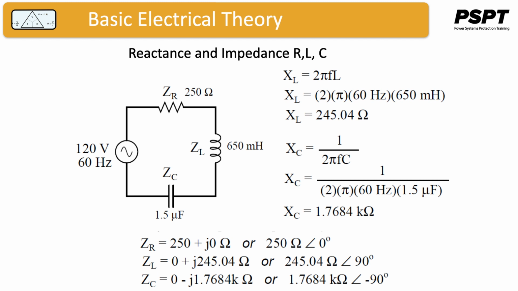These impedances could also be translated into polar notation. For the resistor, it is 250 ohms at 0 degrees. For the inductor, it is 245.04 ohms at 90 degrees, and for the capacitor, it will be 1.7684 k ohms at 270 degrees or minus 90 degrees.